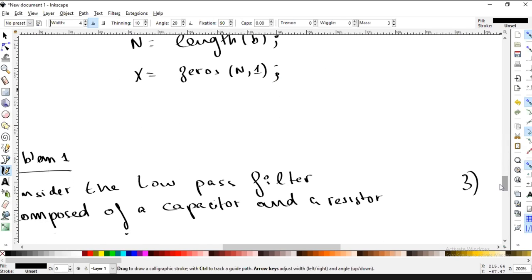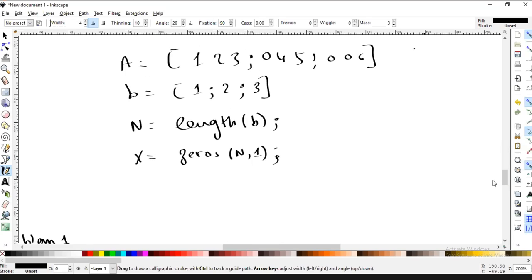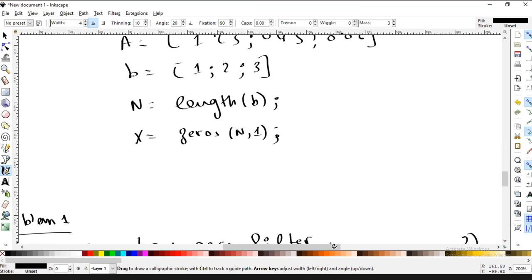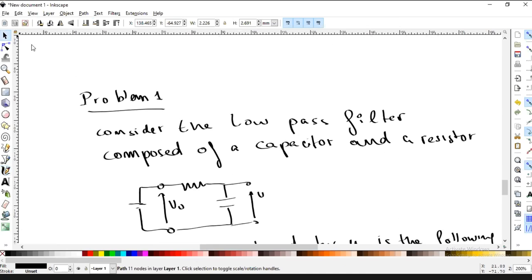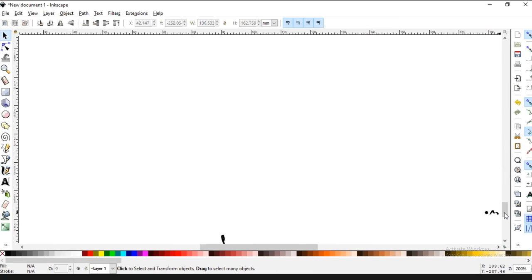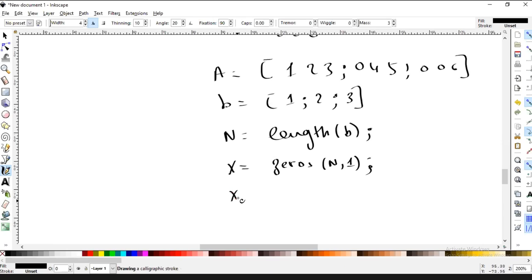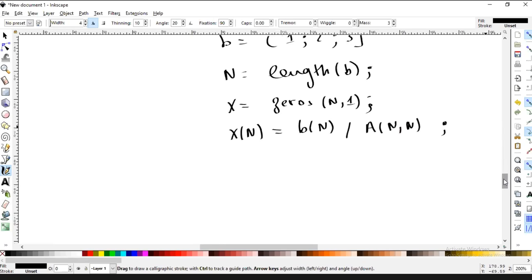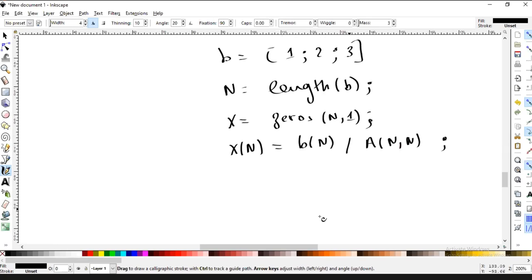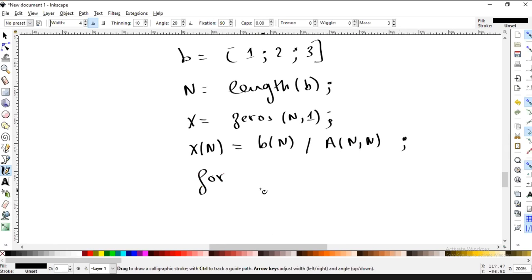Now you start by calculating x of n, the last one, which is equal to bn over ann, right? And then I make a for loop.